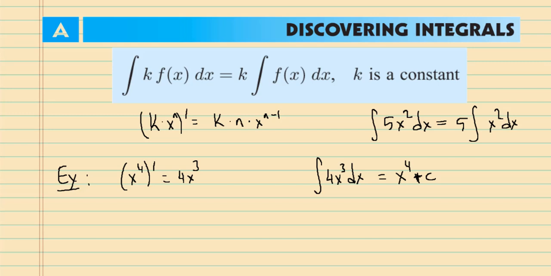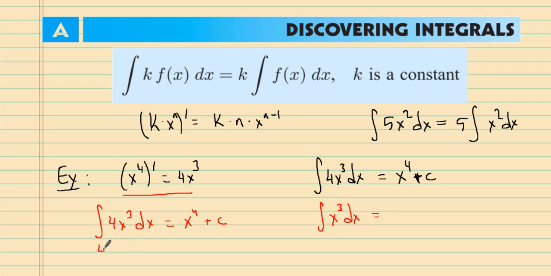Let's go with another example. I know the derivative of x to the power 4 is 4x cubed, but the question now asks me what's the integral of x cubed dx, by using this idea. How can we find it? I know that the integration of 4x cubed dx equals x to the power 4 plus c.